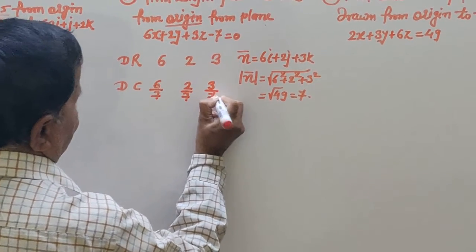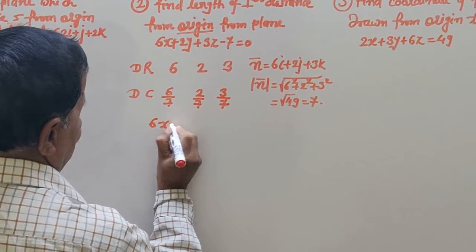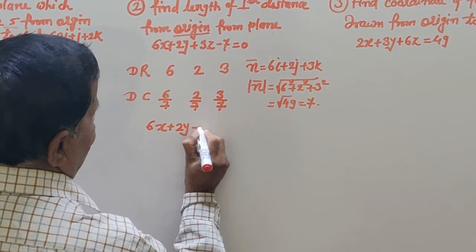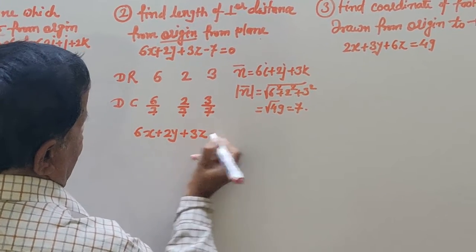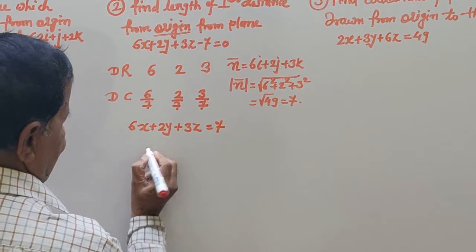Now the equation of the plane is given as 6x plus 2y plus 3z is equal to 7. Now I will divide each term by 7.